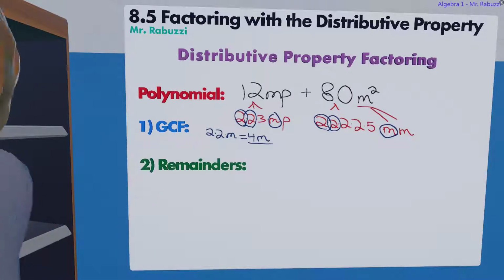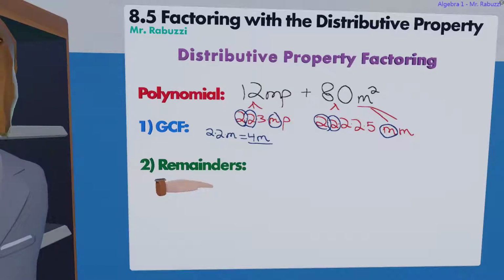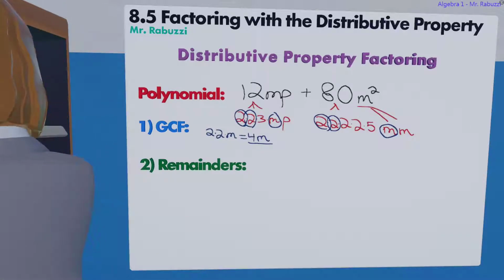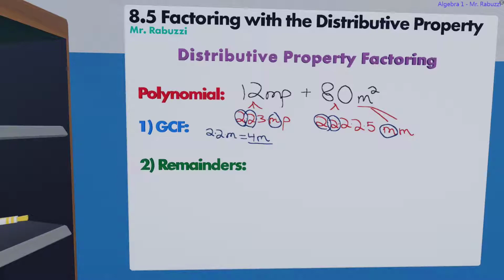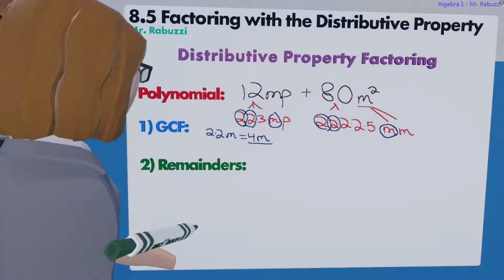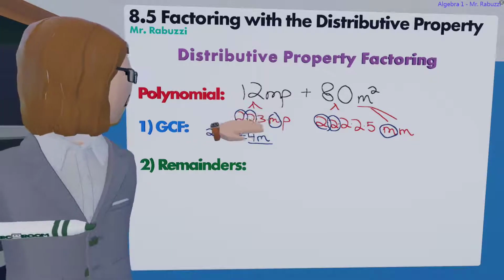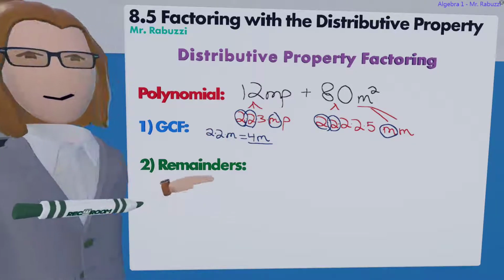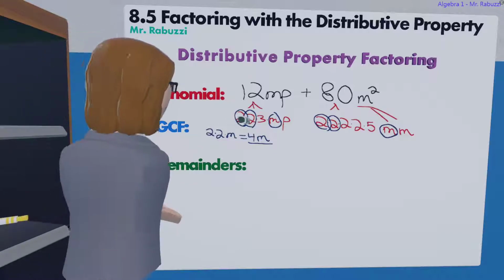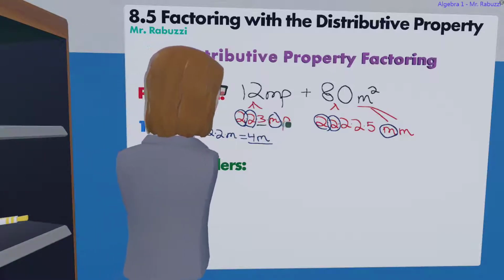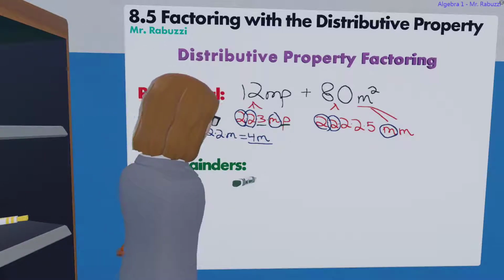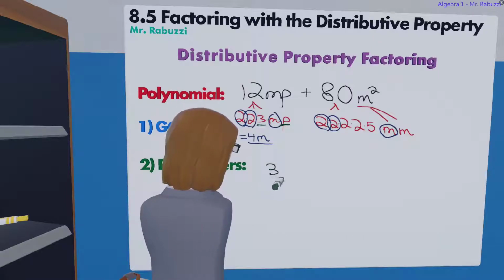Now we go one more step. We need to take the remainders. What's left over after we took out the GCF? If I can get my green marker, there we go. So we look at our factors again. What's remaining there? Well, we have this 3p on this side, so a 3 and a p.